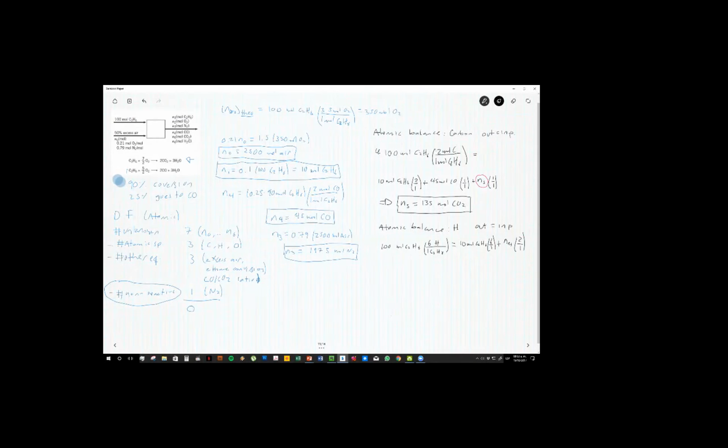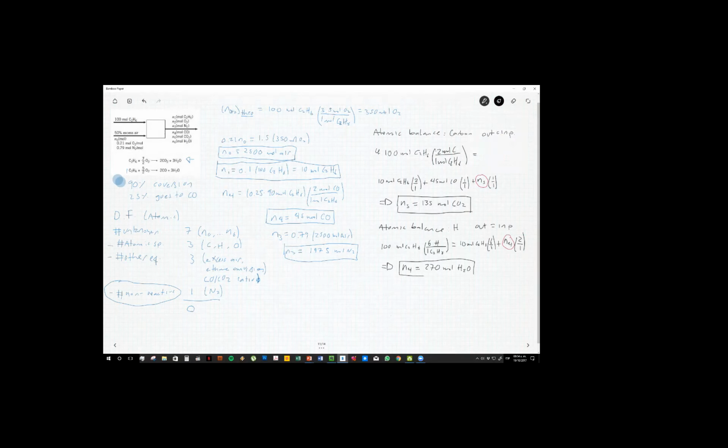Again, we only have one unknown variable in this equation, and with that we obtain that N4, the amount of water, is equal to 270 moles of water.